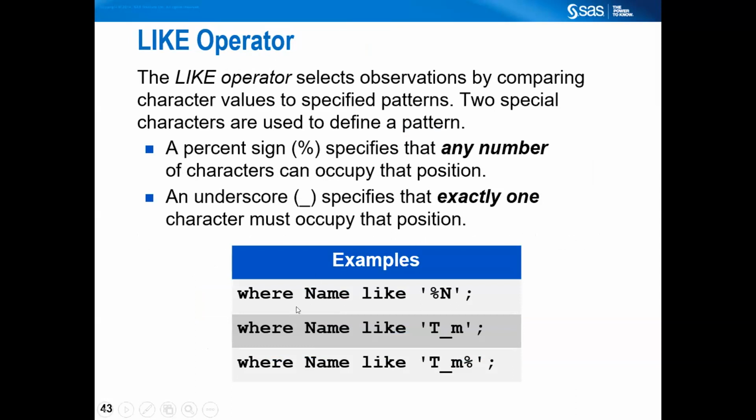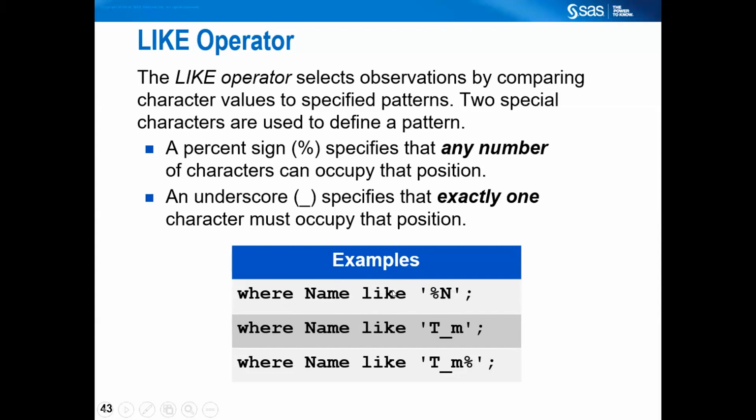In the name column, you subset your data with a like operator in the where statement, and because name is a character column, you put the value in quotes as capital N. Before N you have percent, which indicates any number of characters. That means select all the names ending with N, with any number of characters before N.